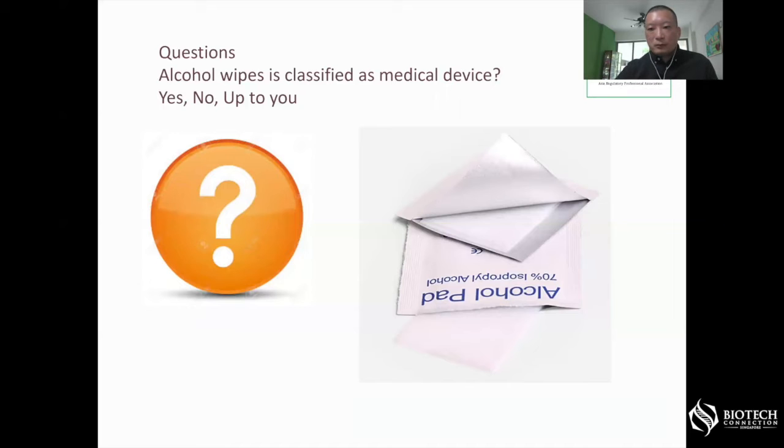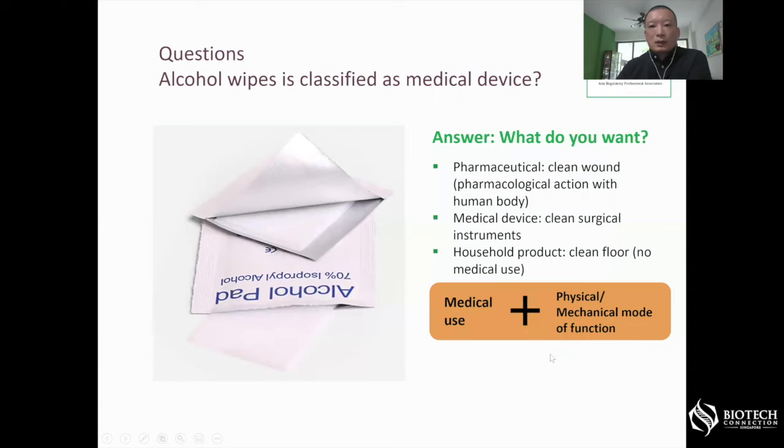Okay, where's the next slide? The next answer I highly recommend to the team is, what do you want? As an experienced regulatory person, you should have the ability to do anything. That sounds like powerful regulation, right? Anything. What do you want? If you want to register this product as a pharmaceutical, you can.